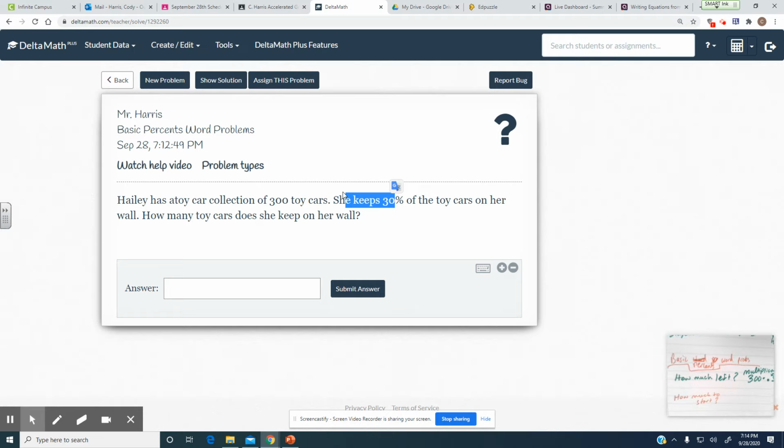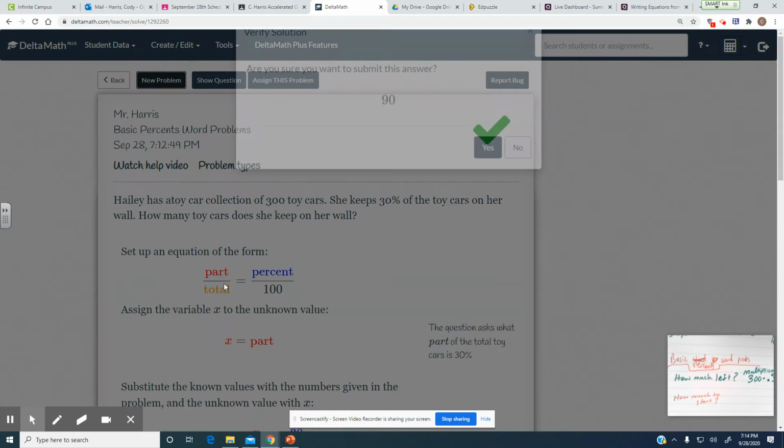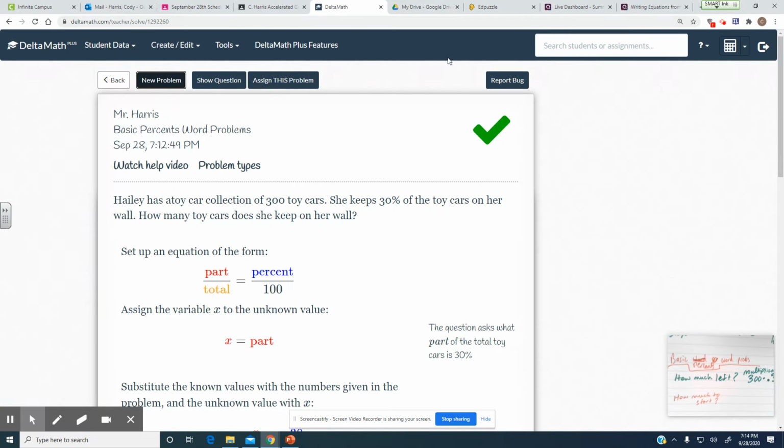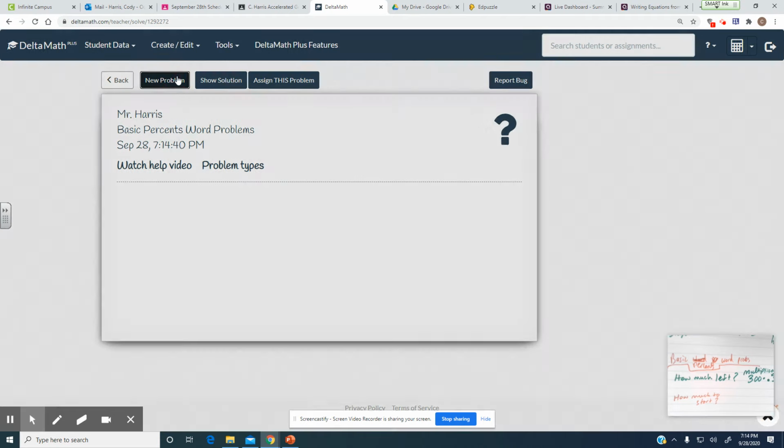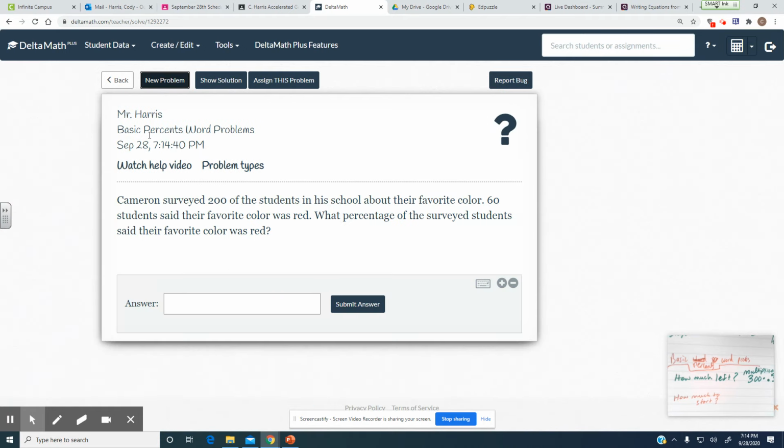How about we do one where you actually have to figure out how much they had originally? That's going to be a little bit tougher. Yeah, we got it. All right. Let's see.